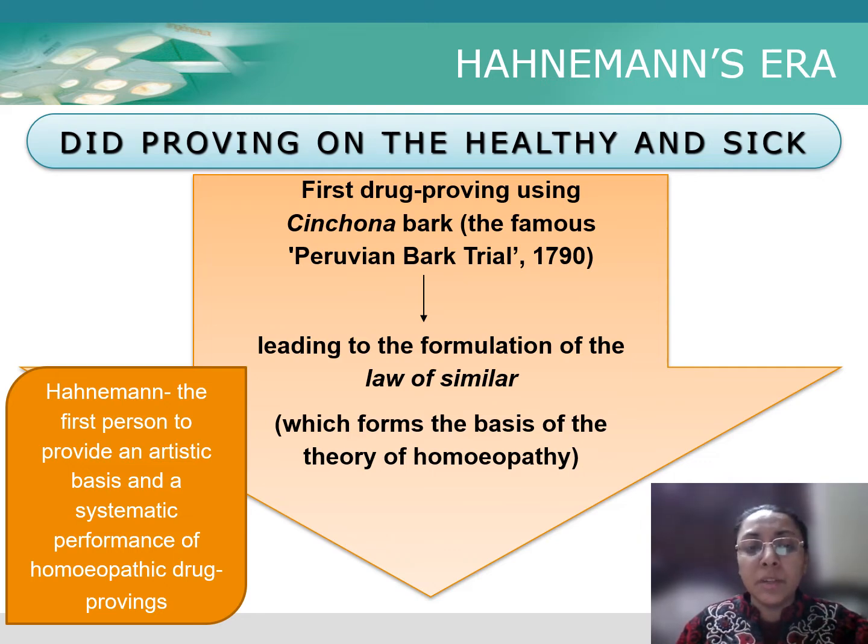Hahnemann was the first person to provide a scientific basis and a systematic performance of drug proving. He could perceive the principle behind it and was able to formulate the law of similars.